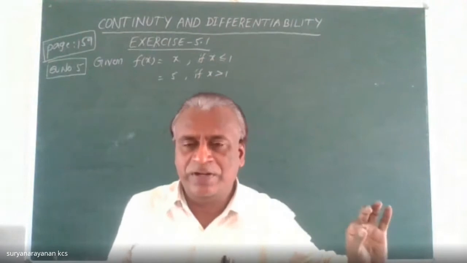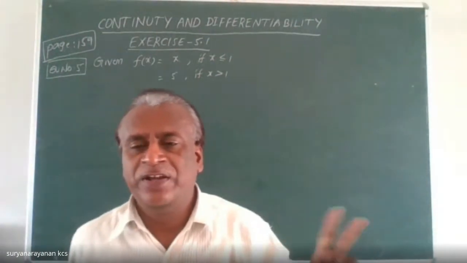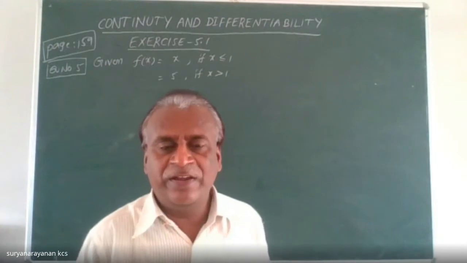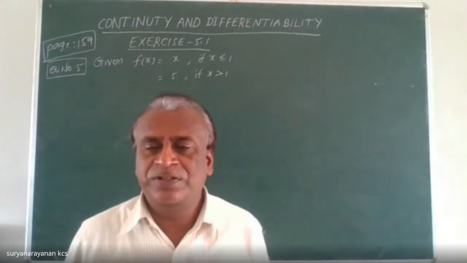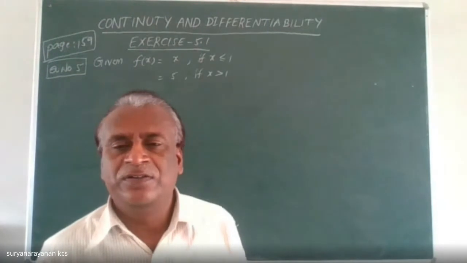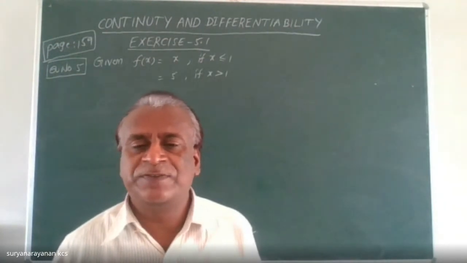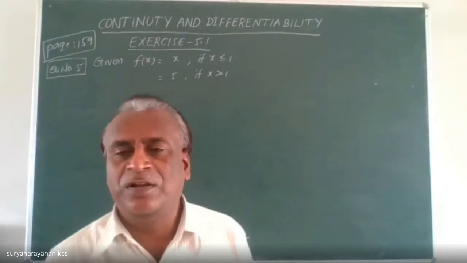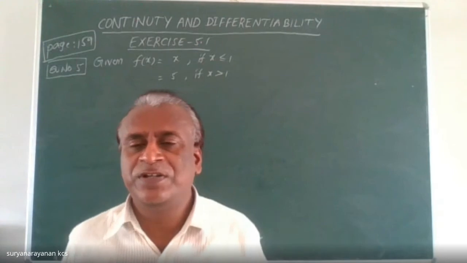At which point is the function defined in two different ways? Can you identify? Numerically, I am asking at which point. 1, sir. Yes, 1.